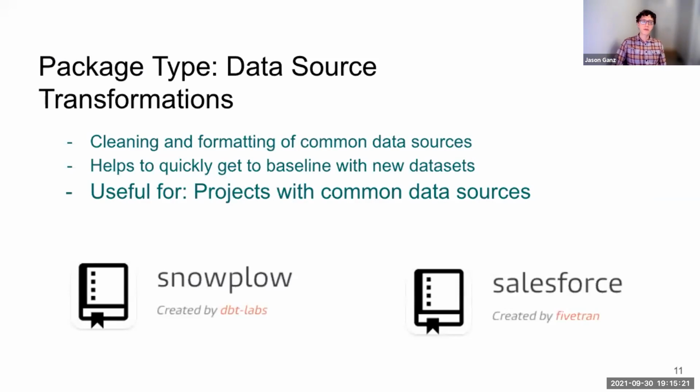One of the first things people think of if you're familiar with packages is data source transformations. What these packages do is they take in a common source of data, whether it's your Snowplow data or your Salesforce data, and apply some transformations to make them easier to work with. Maybe it's standardizing column names, casting fields correctly, taking in the types of data sources that people using dbt are often working with, and getting them ready for production workflows.